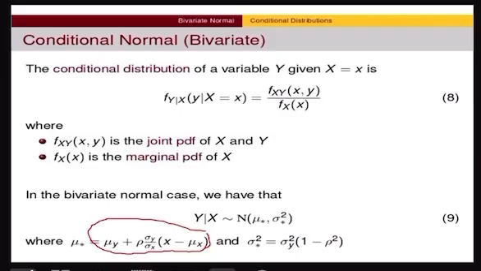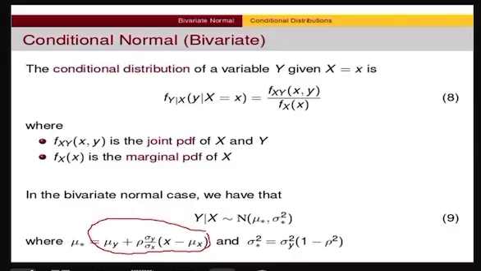If this represents the proportion of time the walk-in facility is used, and this the proportion of time the drive-in facility is used, now if I know the proportion of time the walk-in facility is used, what can I say on average about the proportion of time the drive-in facility is used?